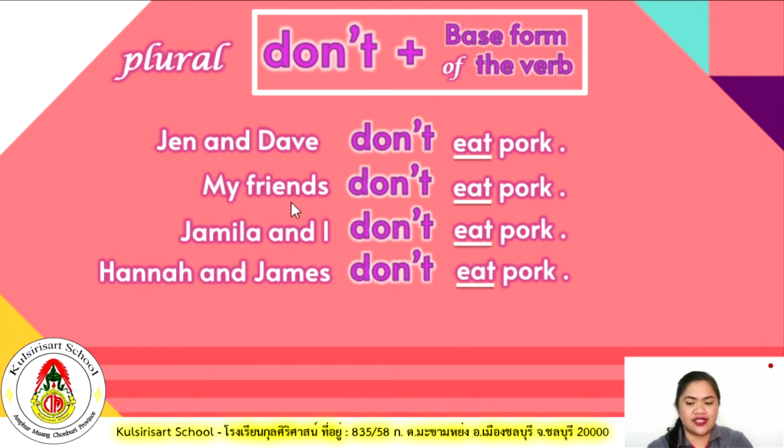My friends don't eat pork. The base form of the verb or the simplest form of the verb eat. Jamila and I don't eat pork. Hannah and James don't eat pork. Are you following? That's good. So, we used don't if the subject is plural. Always remember that.